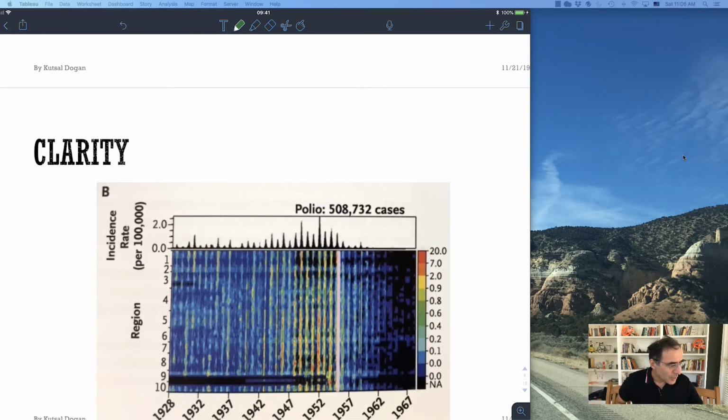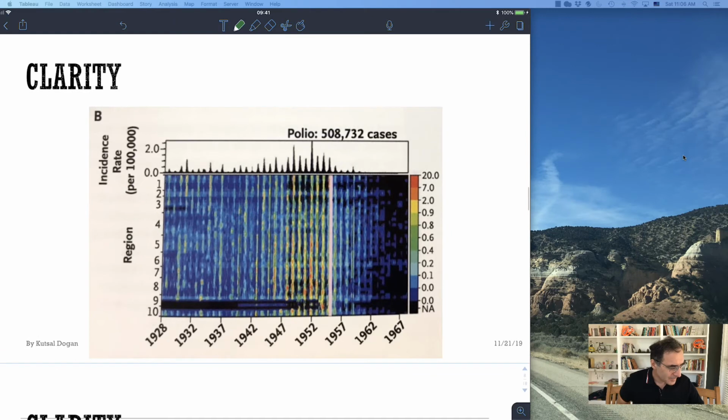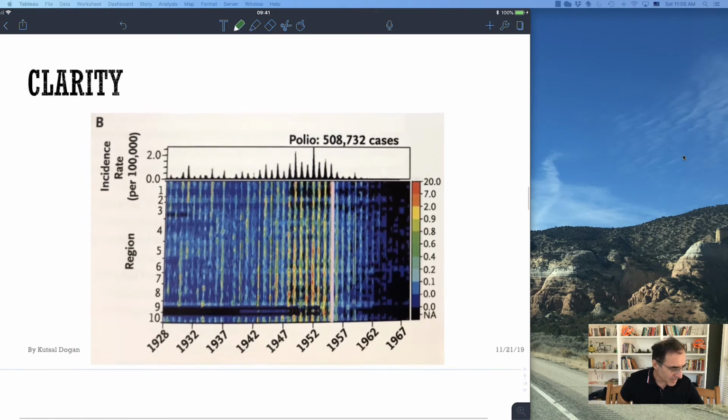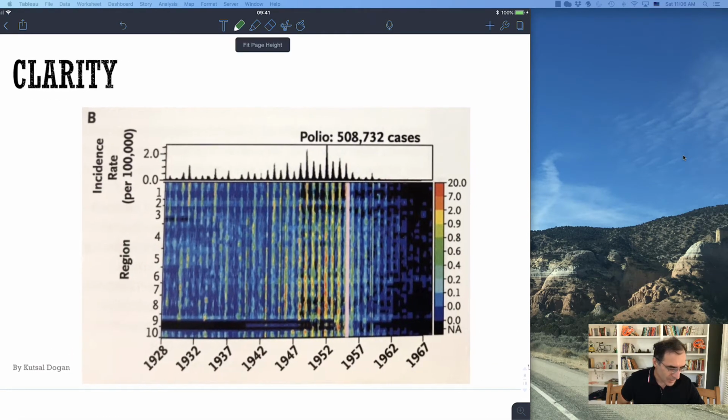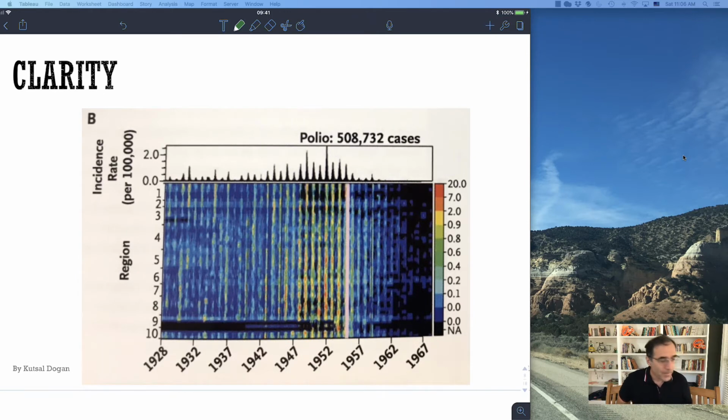Okay. So let's look at what clarity means. Here is an example of a chart that was in an actual scientific paper. It's hard to tell, but this shows the story of the polio vaccine. The polio vaccine was introduced around 1954. I think this is the reference point right here.